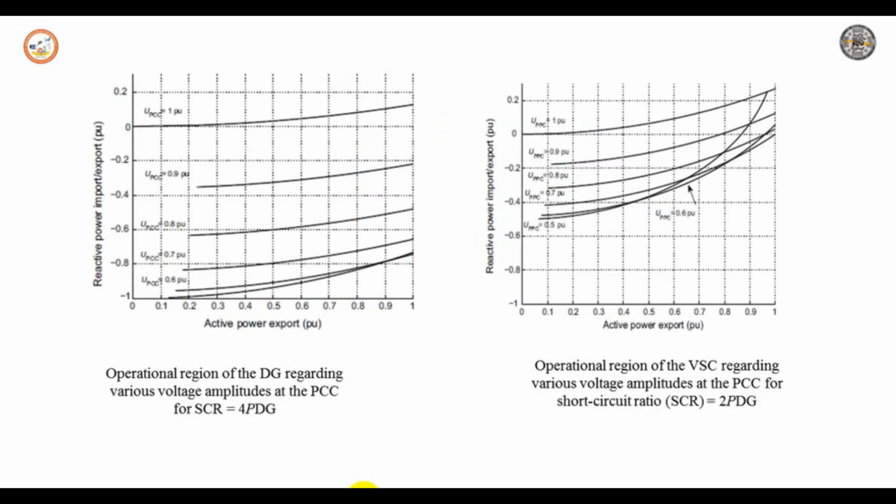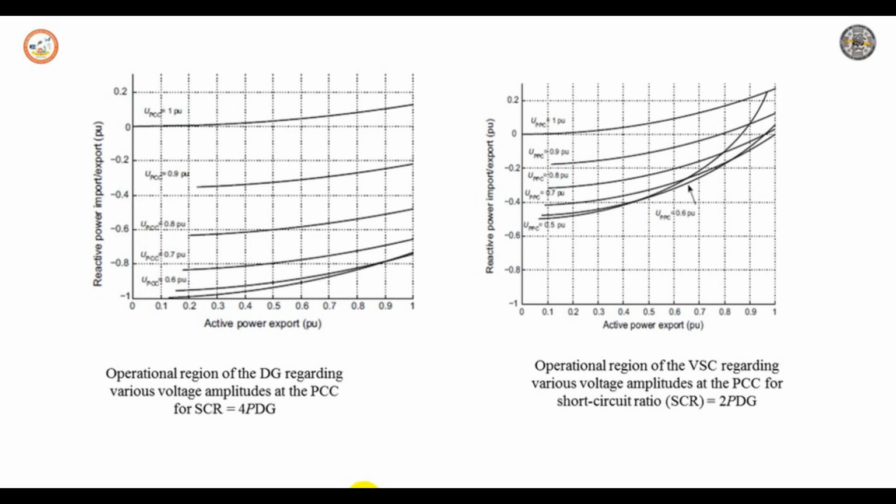Now let us consider these graphs, which give reactive power import or export versus active power in per unit. The first is the operational region for distributed generation regarding various voltage amplitudes at PCC for SCR equal to 2 P_DG. The second is the operational region for the voltage source converter regarding various voltage amplitudes at PCC for a short circuit ratio of 2 P_DG.